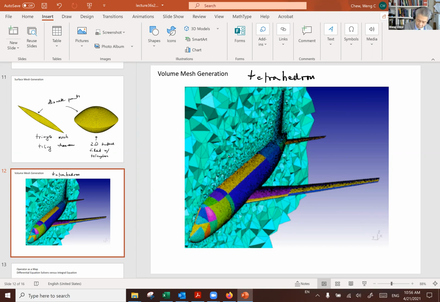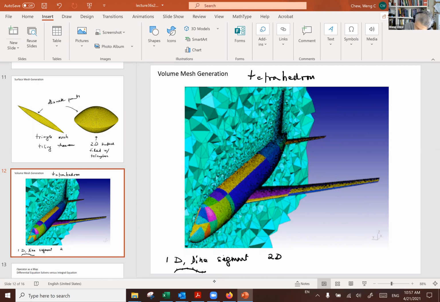Okay, so you learn very quickly now that in order to approximate things in 1D, you use a line segment. That means if I have a 1D function, I just break it into segments called line segments and then define the functions on these line segments.